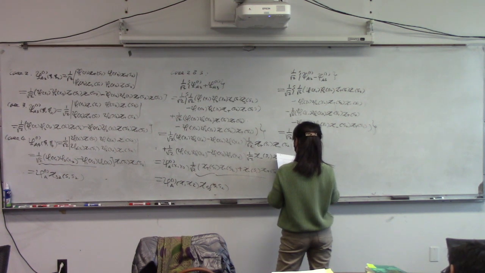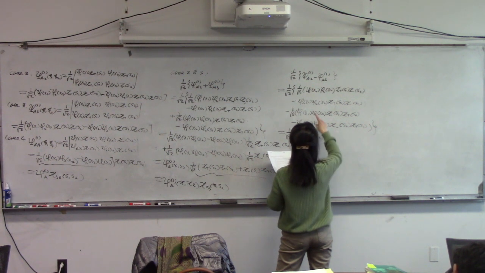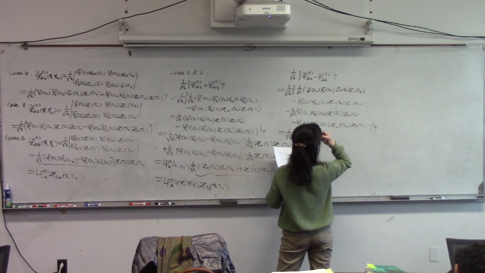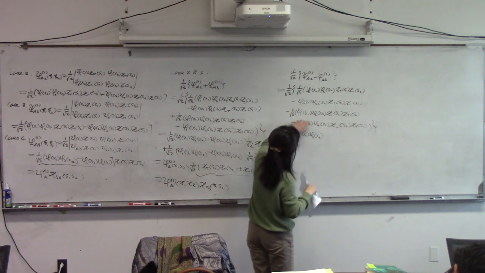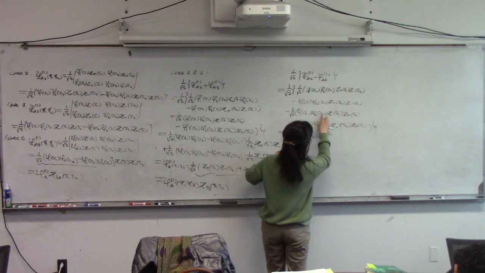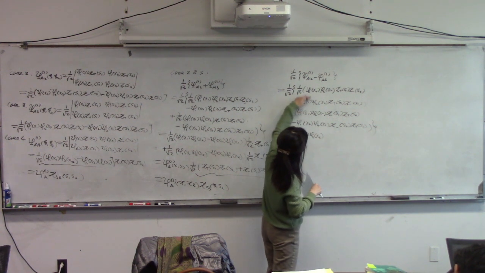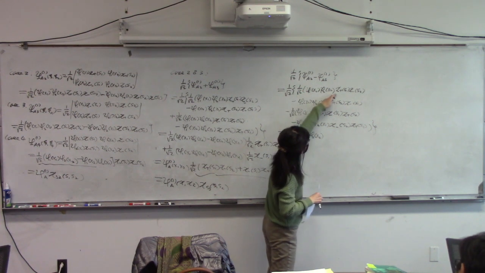Okay, so let's see. That is symmetric. All right, so now I got it. This is the 2, not 3. Yeah. So this one is the same, right? Phi 1, S1, phi 2, S2. So only the spin is not the same.